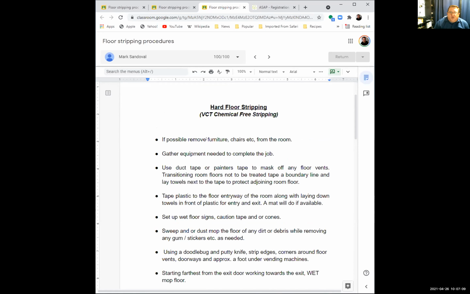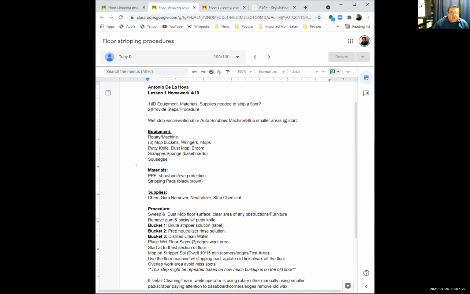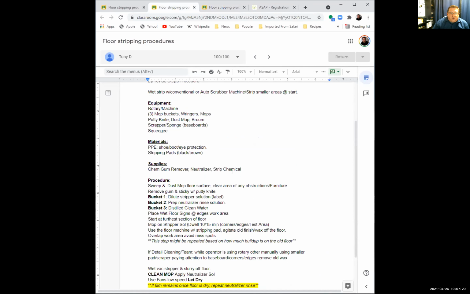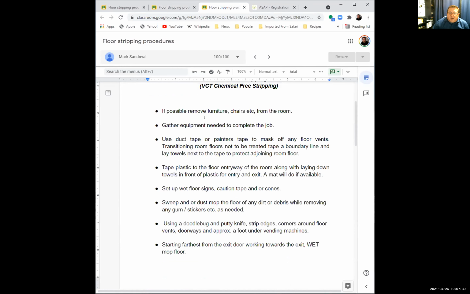So that's what we look for, being able to not only outline those things, but also break it apart in an understandable fashion so everybody can understand. In the case of what Tony did, he listed his equipment, materials, and supplies first, whereas Mark listed it last. It really doesn't matter. There's not a one way or the other as far as that goes, as long as it's all there.